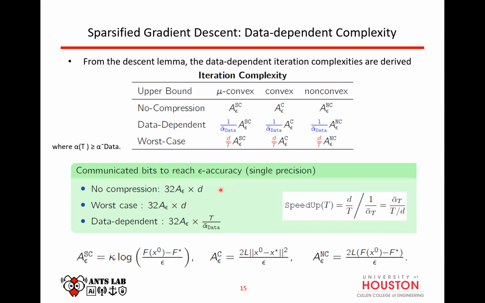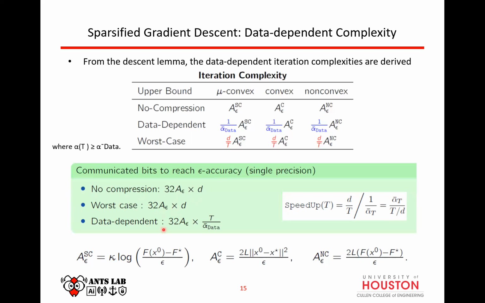So this is the speed up that you can directly measure. You can also see how much compression you're achieving in terms of communication bits, I mean, how many communication bits you're using for each of the methods. In case of no compression, for a 32-bit precision of your gradients, it'll be equal to 32 times d. And for the worst case, it is going to be the same thing.